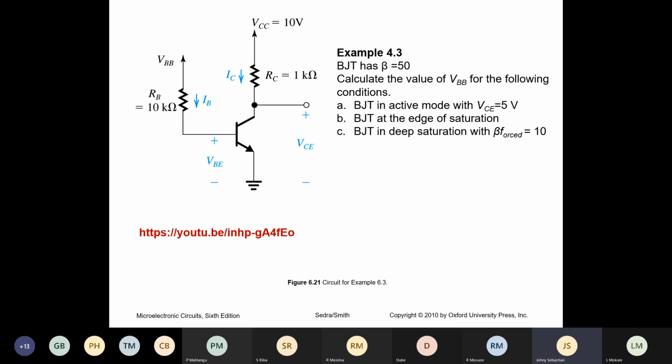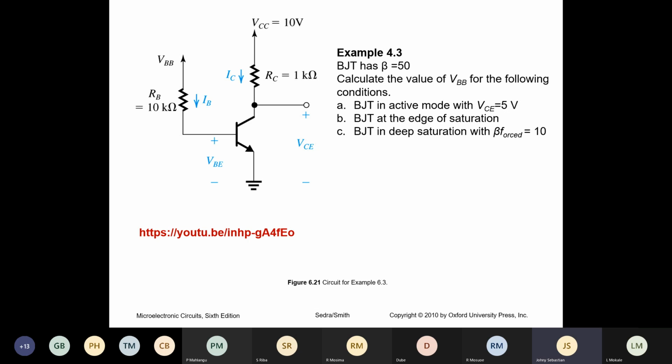Example 4.3. The BJT has a beta of 50. Calculate the value of VBB for the following condition. The BJT must be in the active mode with VCE equal to 5 volt. Look at the diagram.